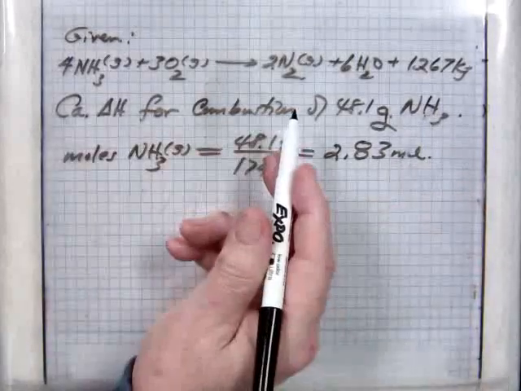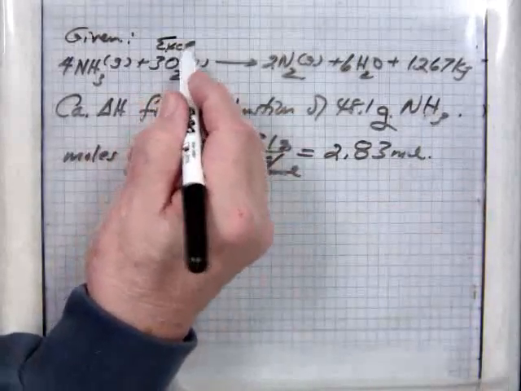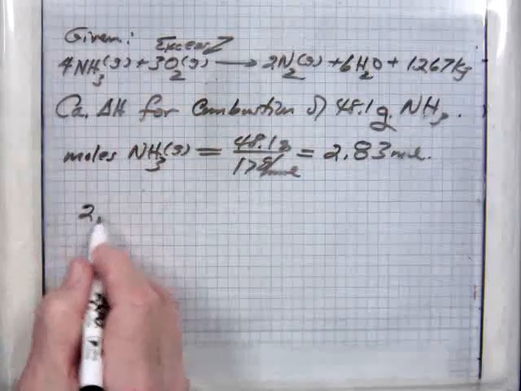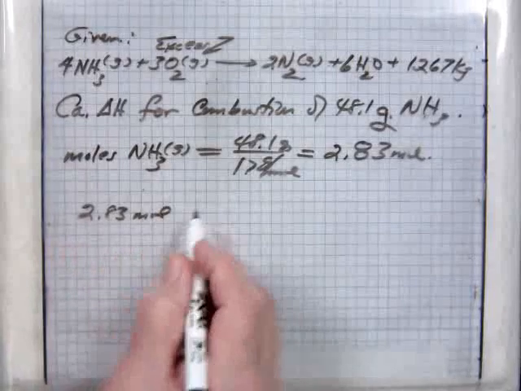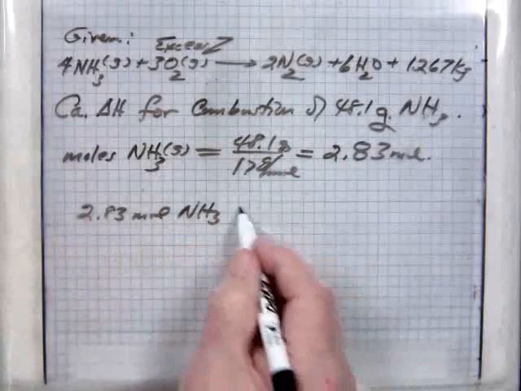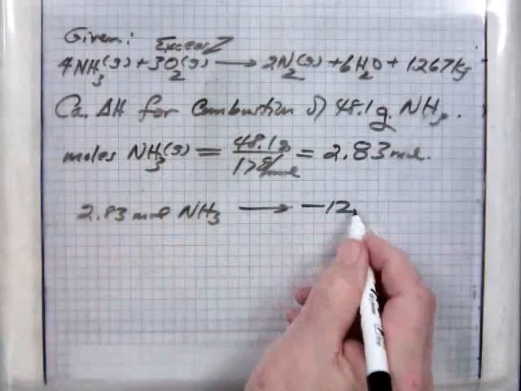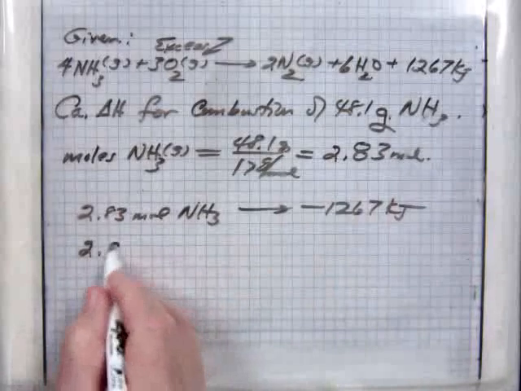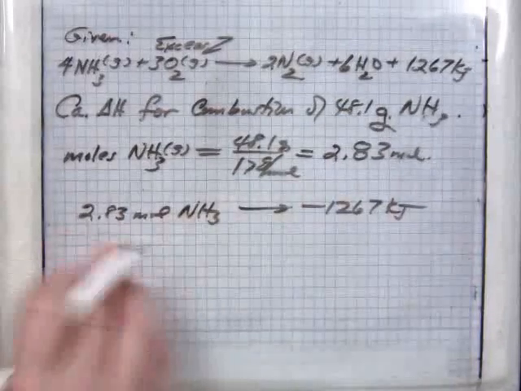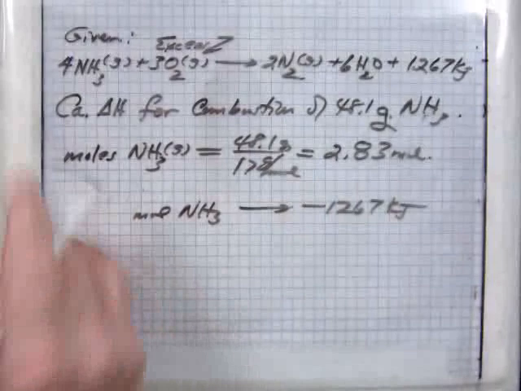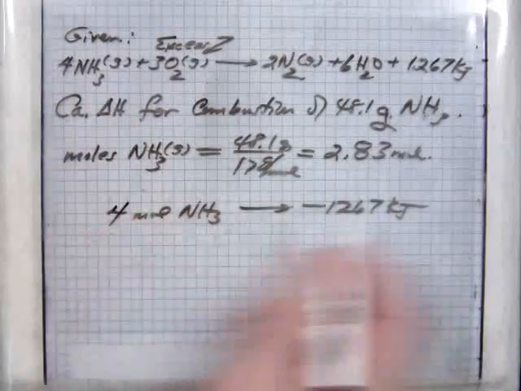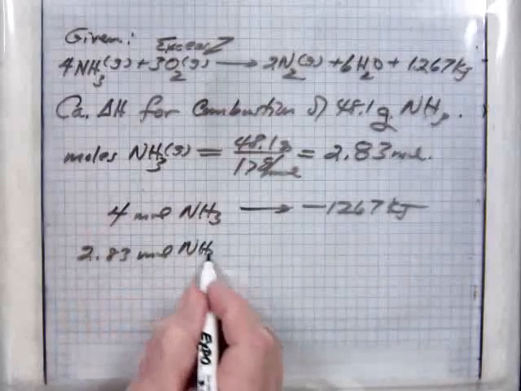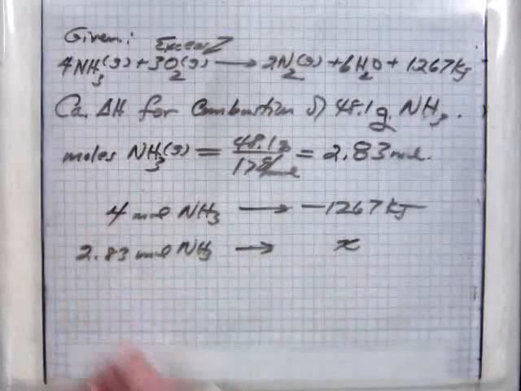So looking at the equation, and we're assuming an excess of the oxygen, so we have 2.83 mole ammonia will give us exothermic 1267 kilojoules. Well, what will 2.8, excuse me, my bad, 4 moles. 4 moles will give us this, 2.83 mole ammonia will give us X, and that's all it is to it.